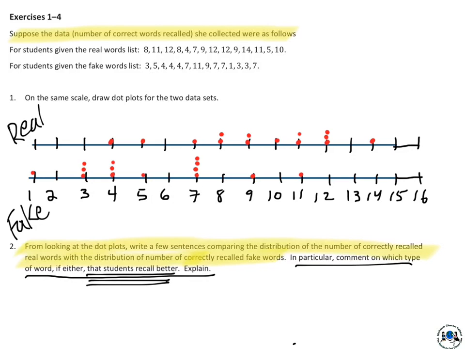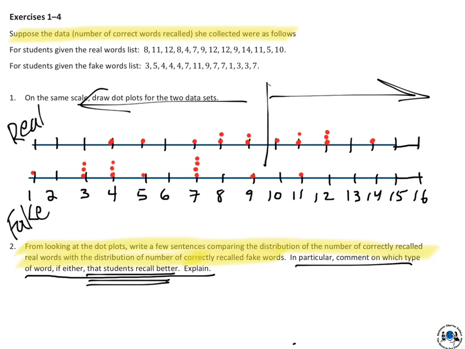Okay, so let's see what you wrote here. If I'm looking at this data, and in particular commenting about which type of word they can recall better, I would have to say real words. The real word distribution is relatively symmetric, because I can pretty much draw a line about right here, and there's 7 on this side, 7 on this side.